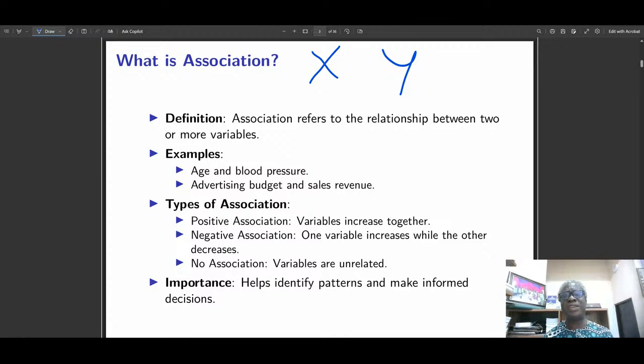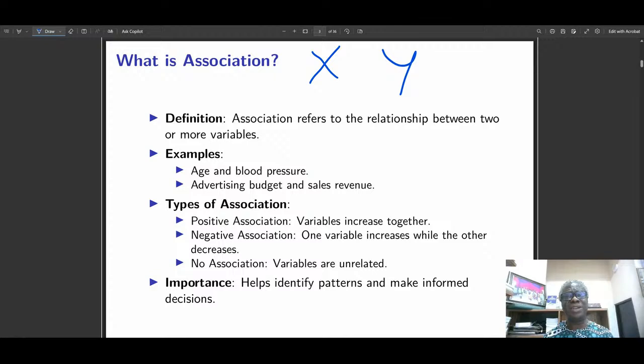For instance, x could be age and y could be blood pressure. We may be interested in trying to know whether there is relationship between these two variables, age and blood pressure.